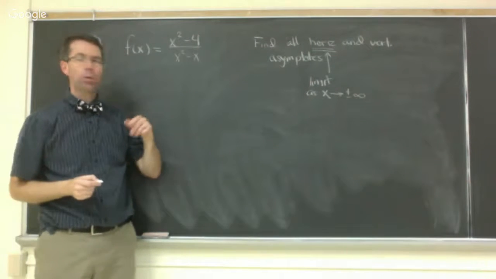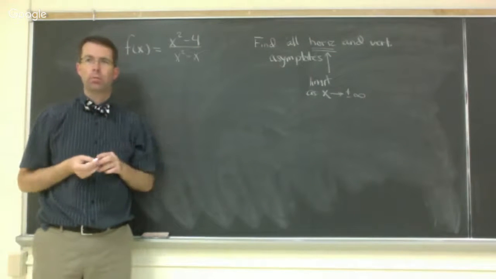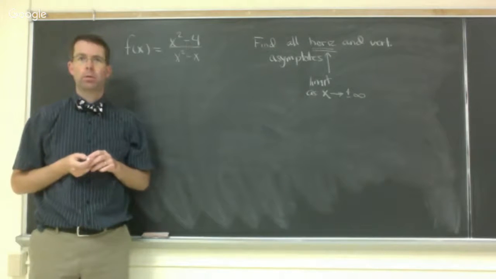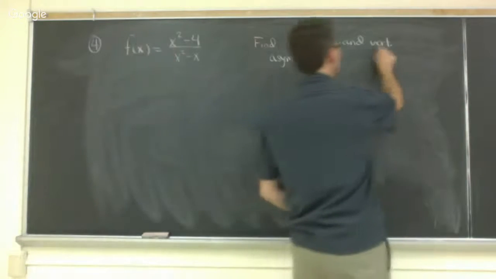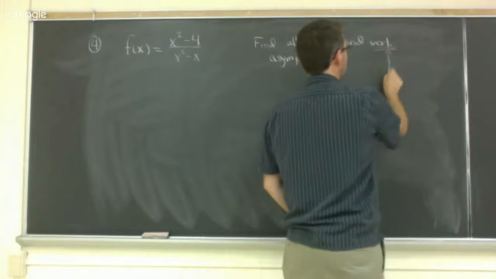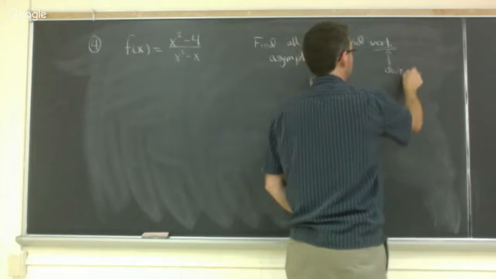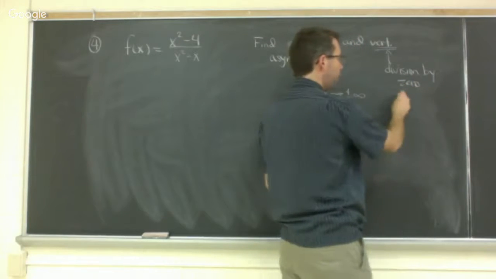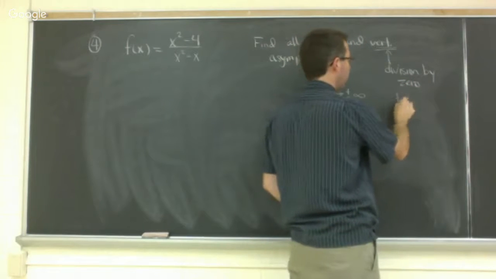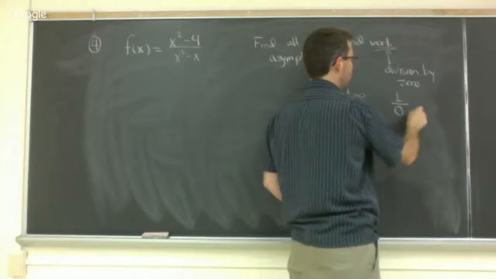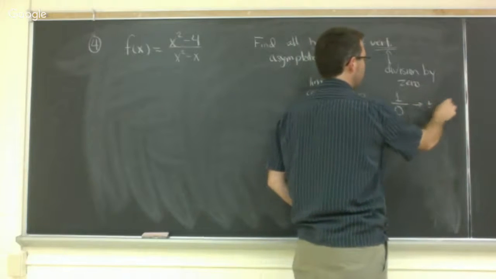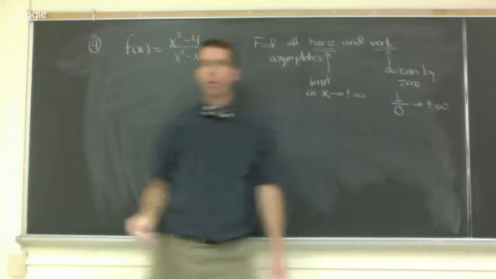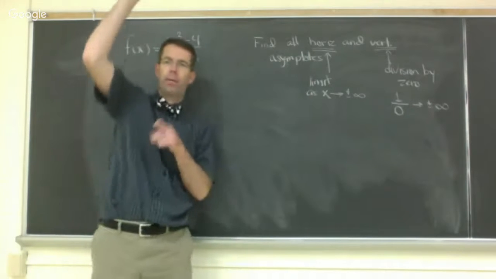What is it that corresponds to a vertical asymptote? Yeah, so this is going to be the division by 0. And the reason for that is when I have a number like 1 over 0, this corresponds to either a plus or minus infinity limit, that the function is either going up forever or going down forever.